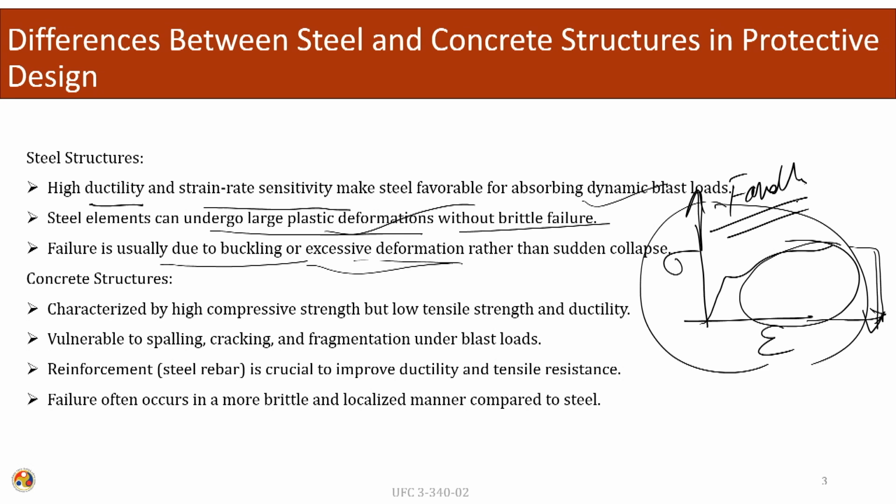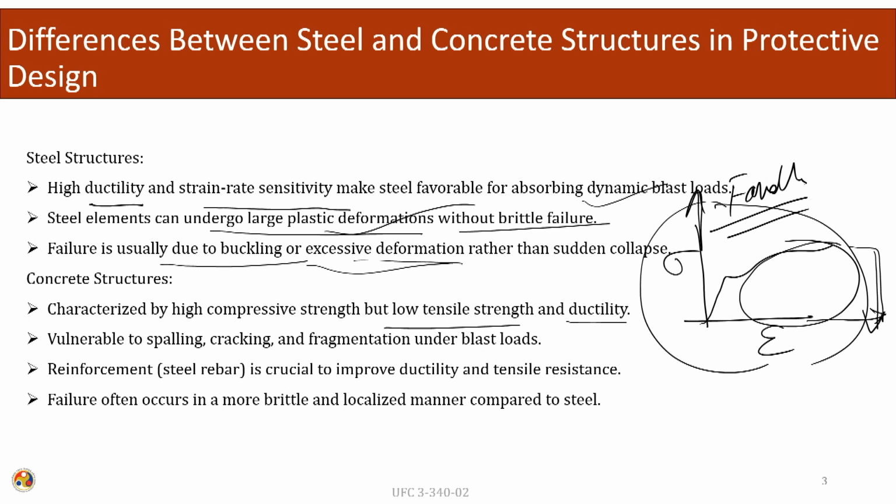Now, let us look into the concrete structures. Concrete structures have high compressive strength, but they have low tensile strength and ductility. Invariably, if we are comparing a reinforced concrete structure and a steel structure, there are high chances that the steel structure has more ductility than the concrete structure.